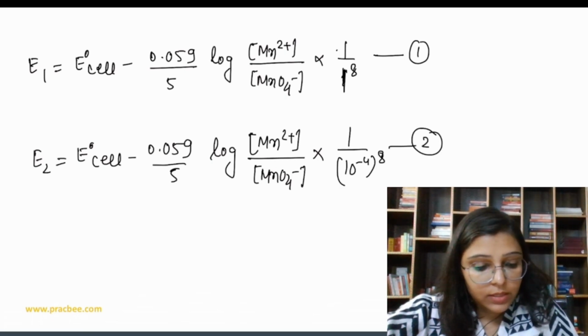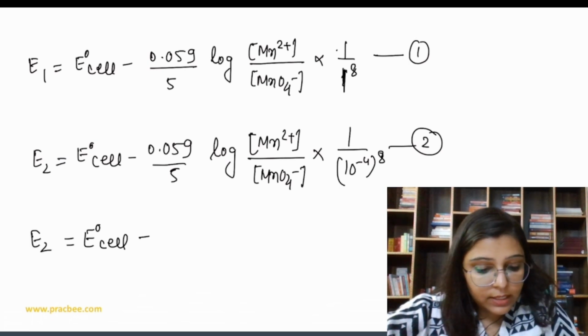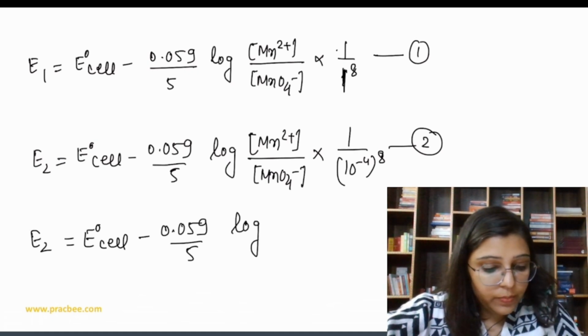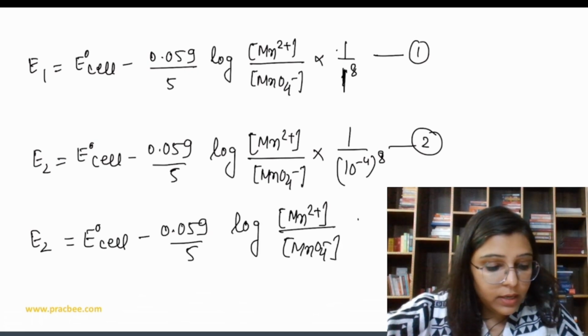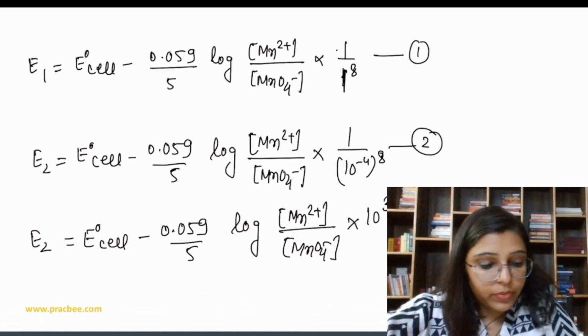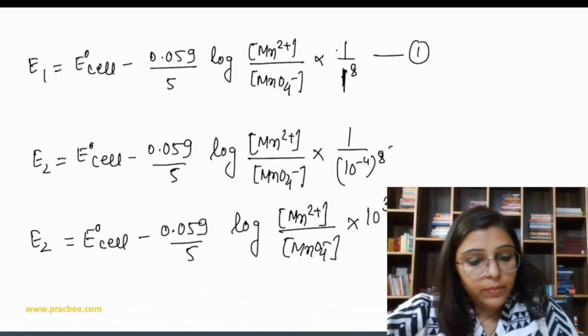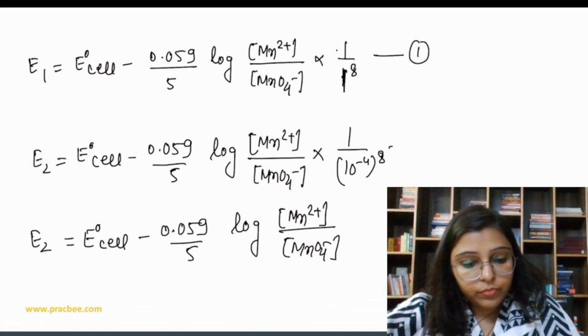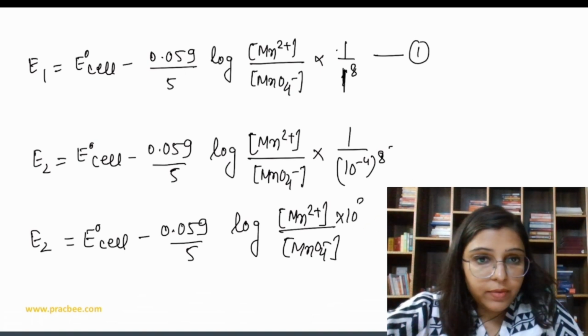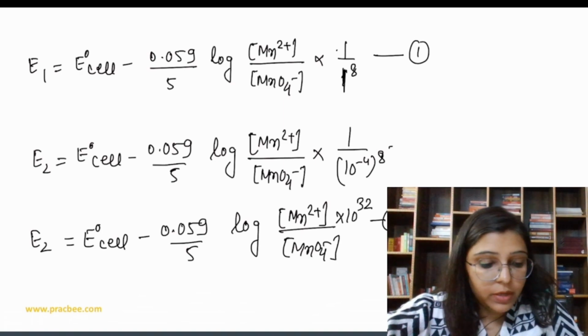On solving this, we get E2 as E naught cell minus 0.059 upon 5 log of the concentration of Mn2 plus upon the concentration of MnO4 minus into 10 to the power 32. This is equation number 2.